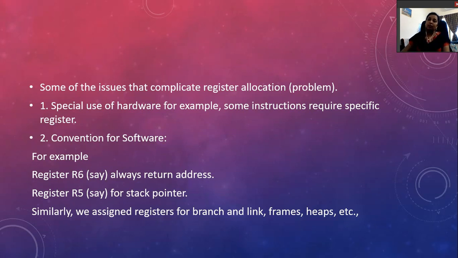So by the time you calculate something, if your return address is in R1, you have to change it to R2, and only then it acts as a return address. The same for the stack pointers. Similarly, we have registers for branching, for heap management, and so on and so forth. All these have to be taken into consideration.